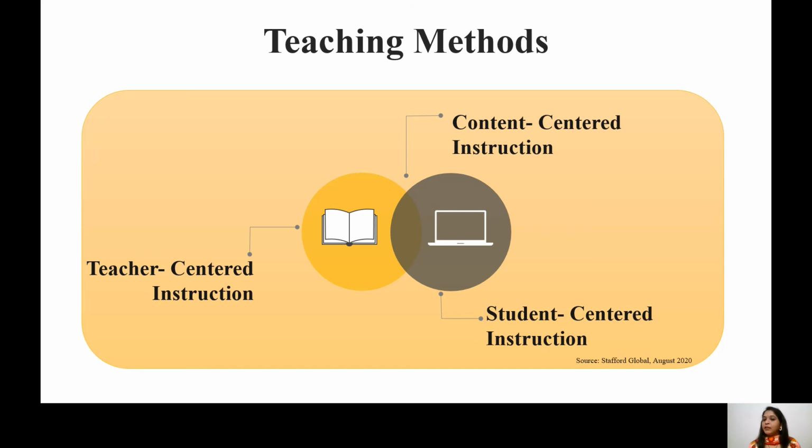And the last can be content-centered instruction. Now, content-centered instruction is mostly prominent in those subjects wherein the content plays a crucial role. Some subjects are very technical in nature, or in the case of some languages or grammar, hardcore things are to be taught to the student. So in that case, it's a content-centered instruction.